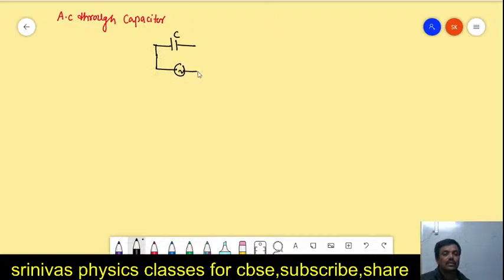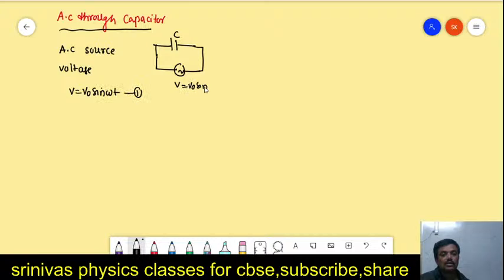Here we write the AC source voltage like this: V is equal to V naught sin omega t. This is the AC source voltage.